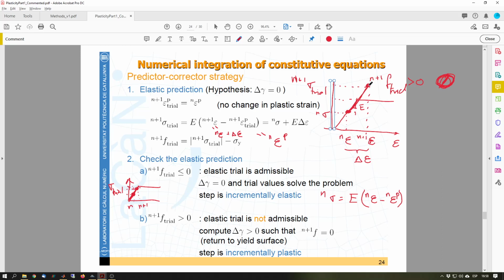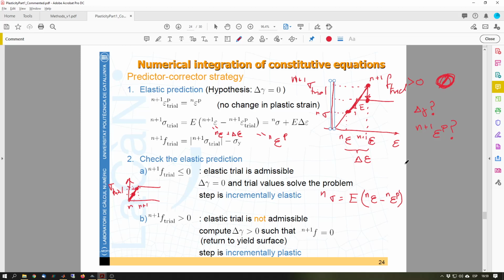What we are going to do is project and correct our value of sigma into the admissible domain. The total strain should be the same, but in doing that step, we need to know how this is going to be corrected, and how my plastic strains are also going to be corrected.